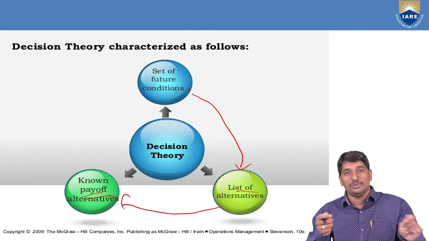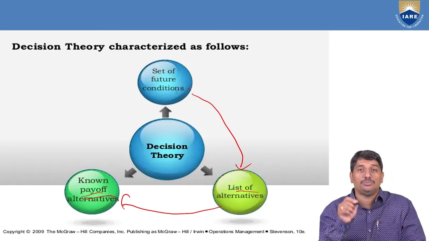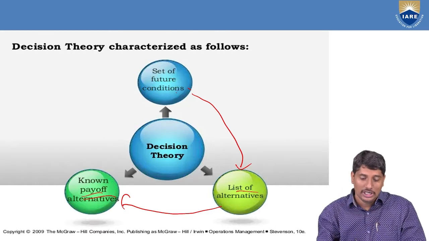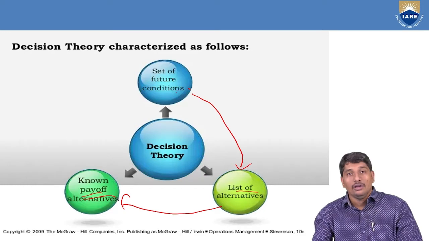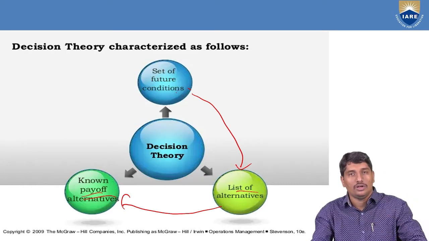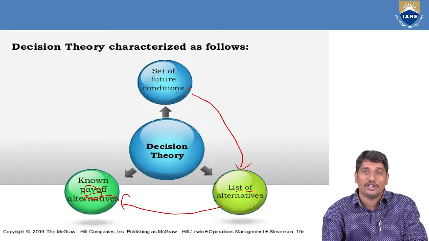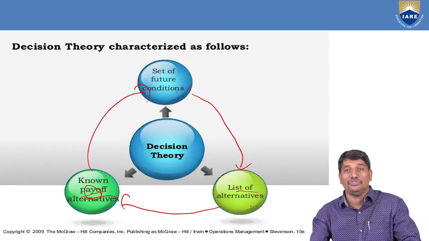We list out all the possible decisions in front of us, and we make a matrix with payoff values corresponding to each decision. By doing some mathematics on the matrix, we arrive at one optimal value among the payoffs, and correspondingly we select the corresponding alternative as the decision, and with that we try to achieve our future condition.